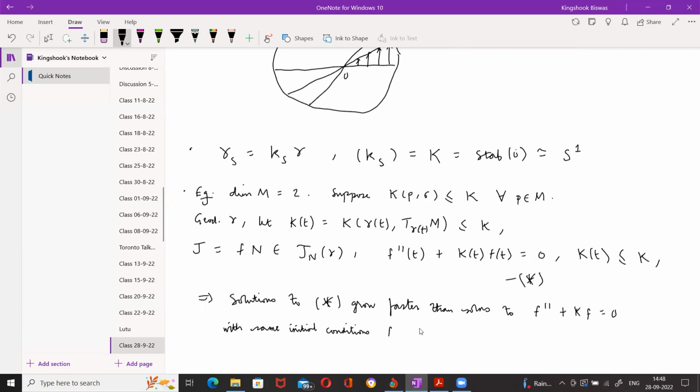Let's say the initial conditions are f(0) equal to 0 and f prime(0) equal to 1.